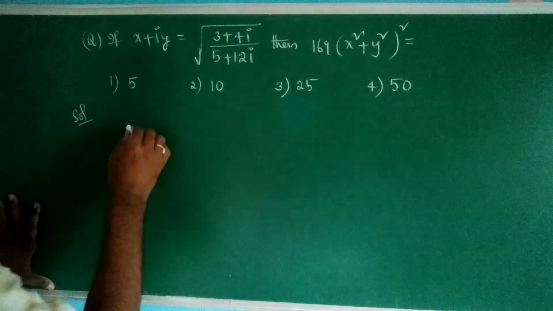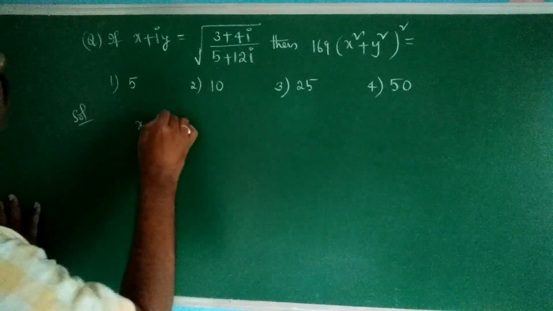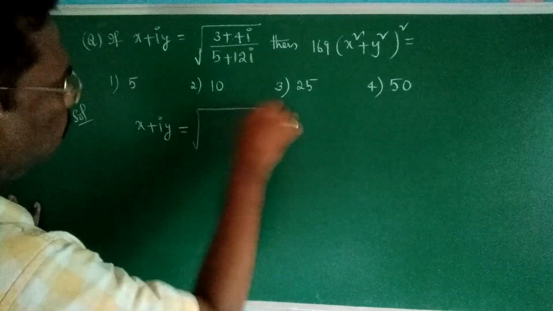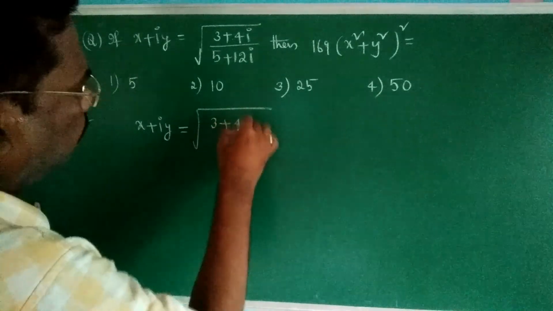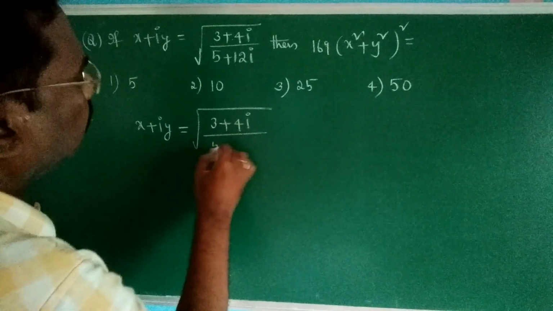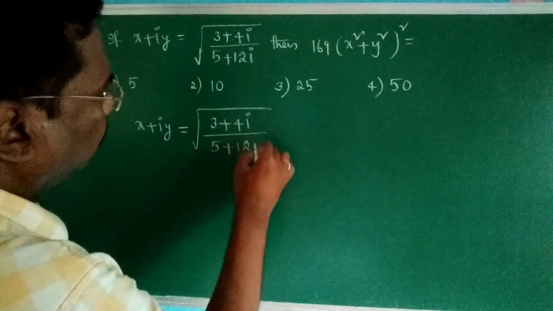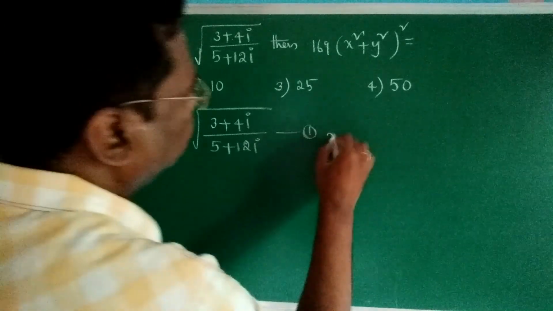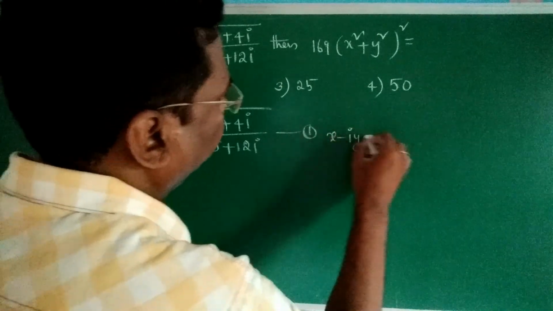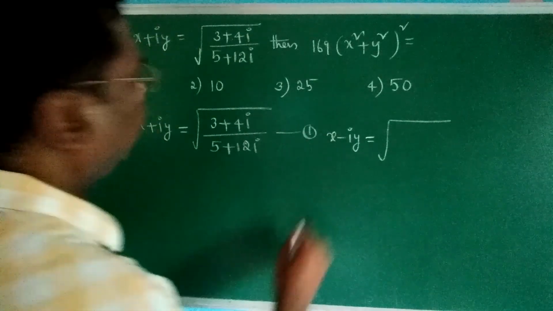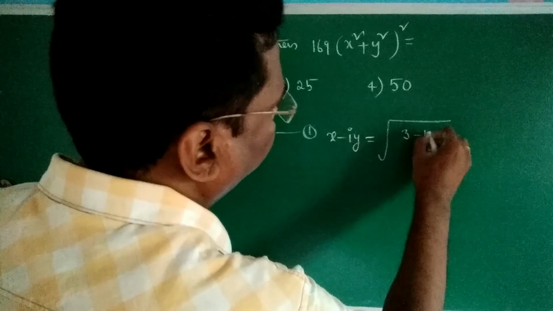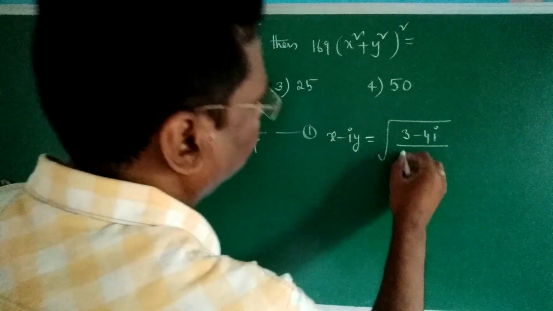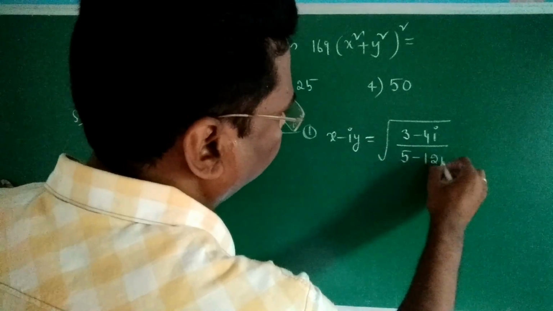Now we are given x plus iy is equal to the square root of 3 plus 4i by 5 plus 12i. This is equation 1. Now take the conjugate of this: x minus iy is equal to the square root of 3 minus 4i by 5 minus 12i.